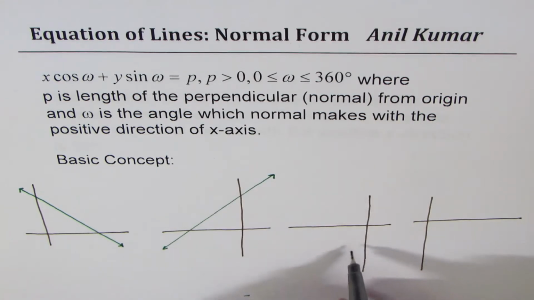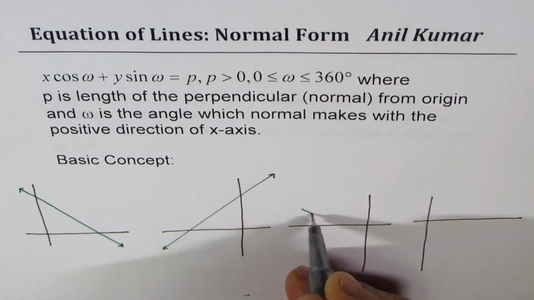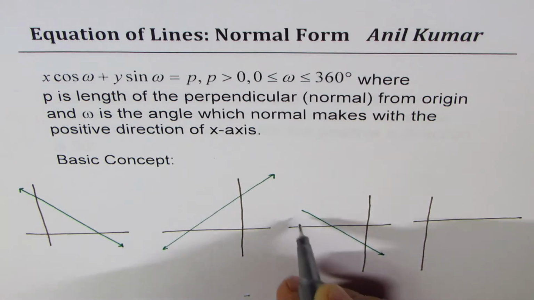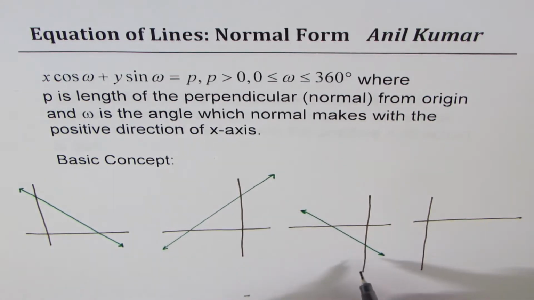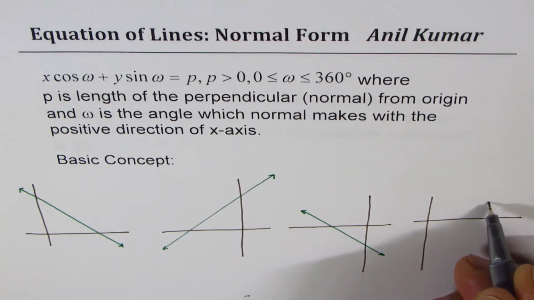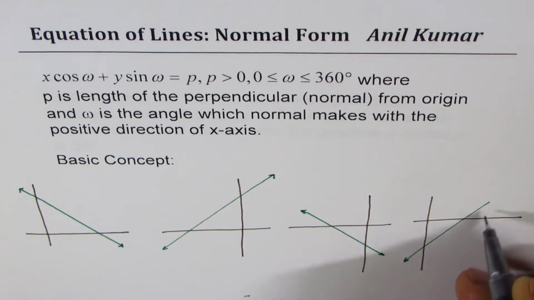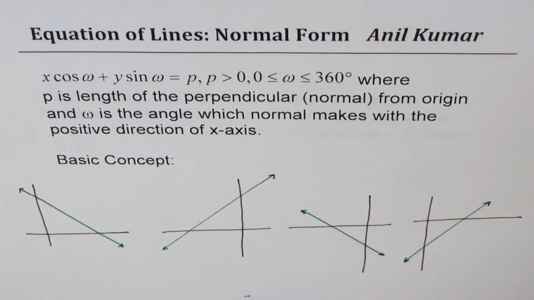And then we can have a line which could be somewhere here, kind of like this. Or we could have a line which is kind of like this. I'm not considering special cases here, meaning a horizontal line and the lines through the origin, right? There are reasons for that, which we will discuss.